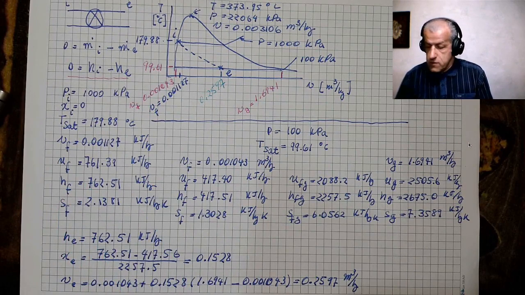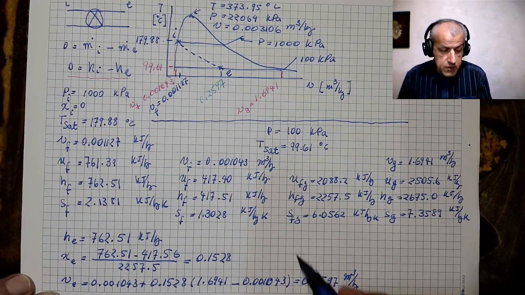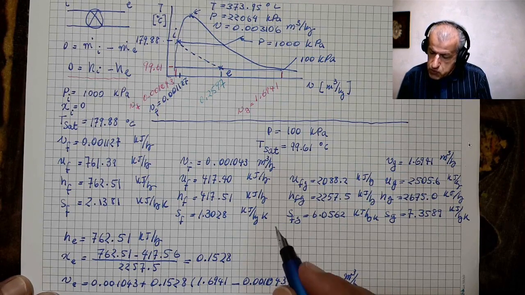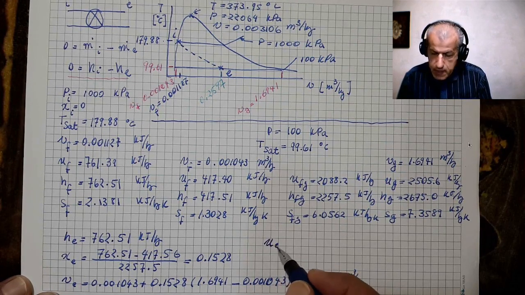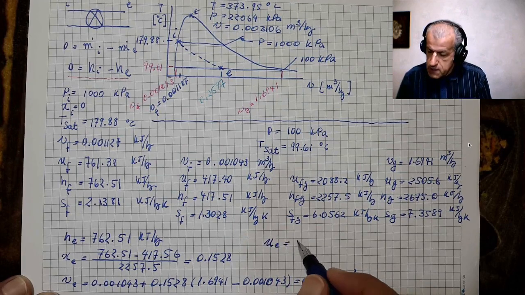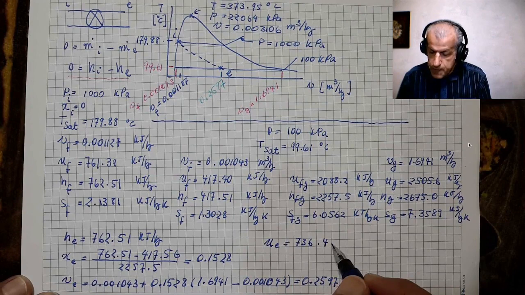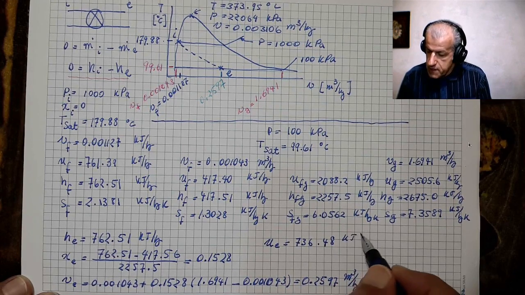We can also have other properties. We could have UE. In the same manner, I won't repeat it, we could calculate UE, and the answer would be 736.48 kilojoules per kilogram.